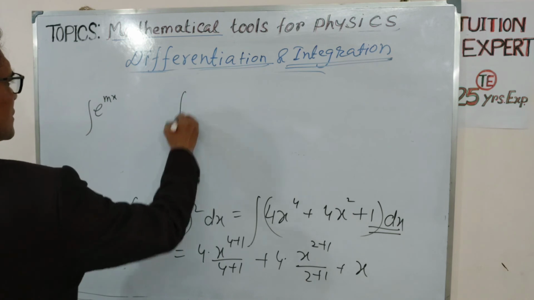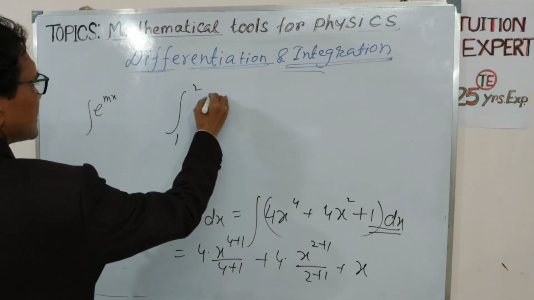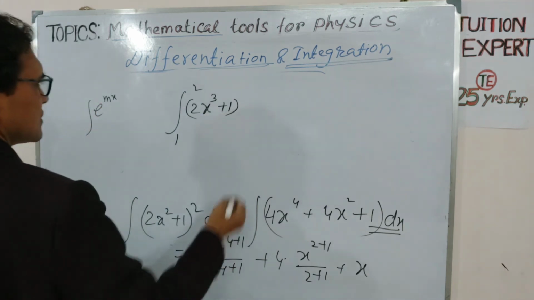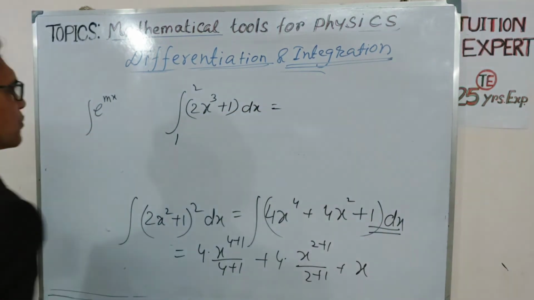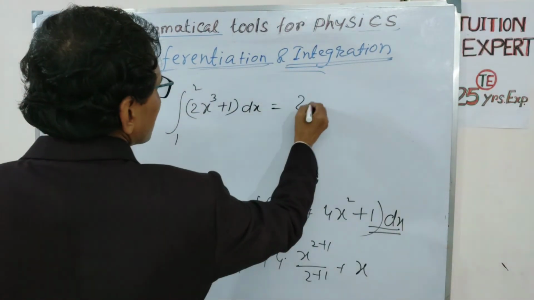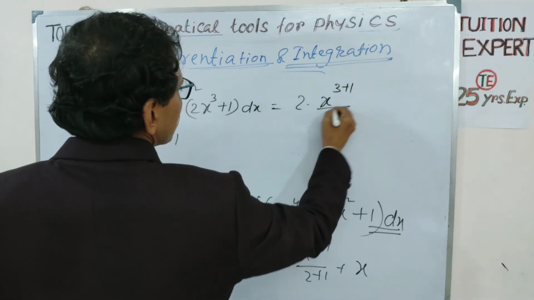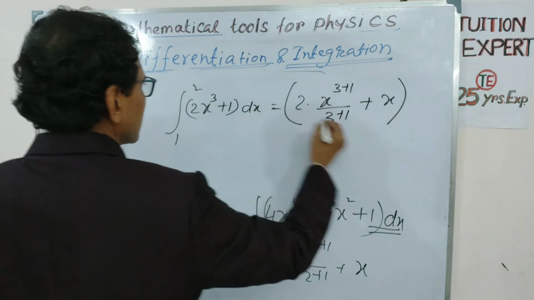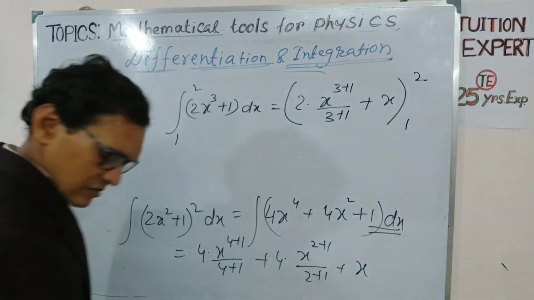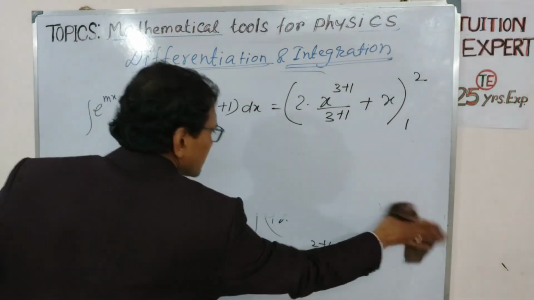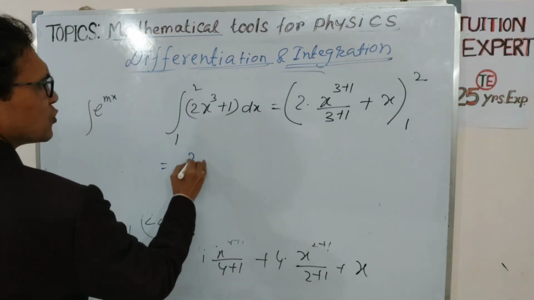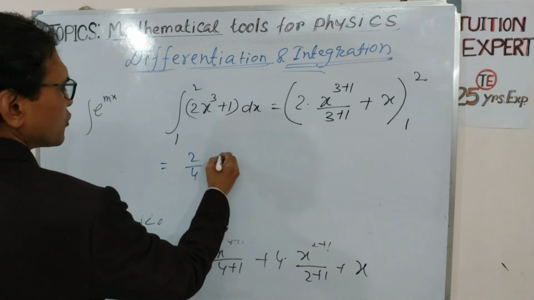Now suppose the limits are 1 to 2. So the value of this will be 2 by 4 x to the power 4.